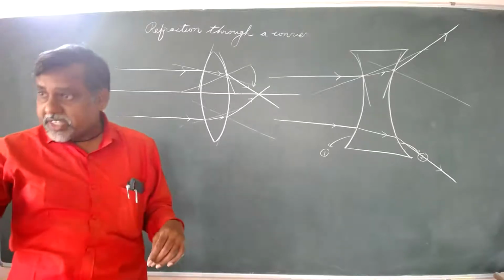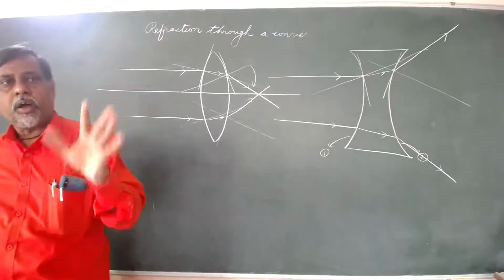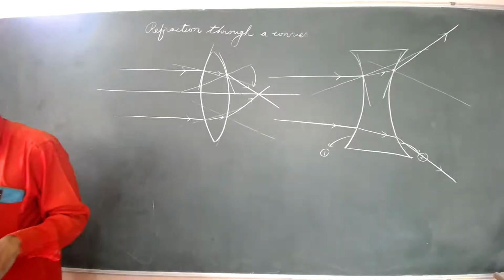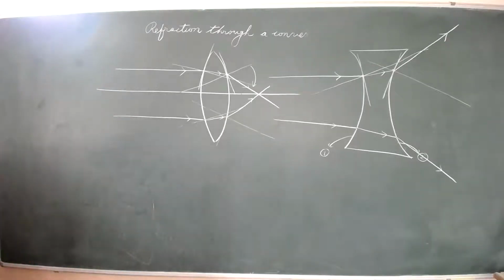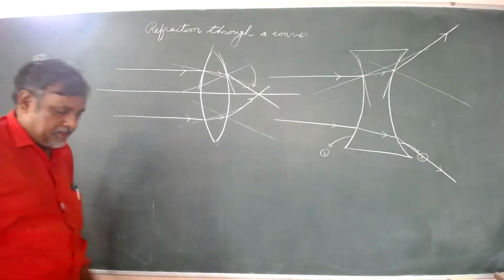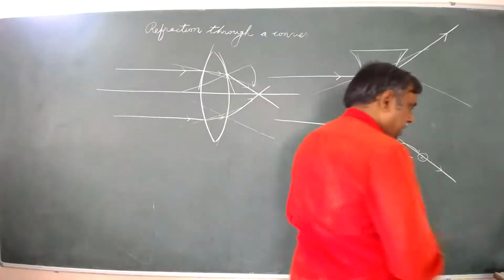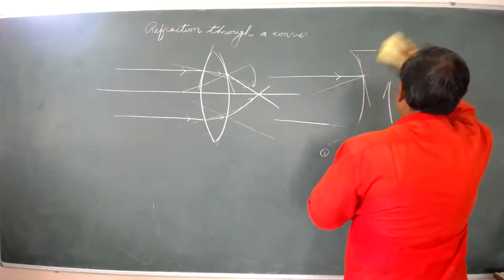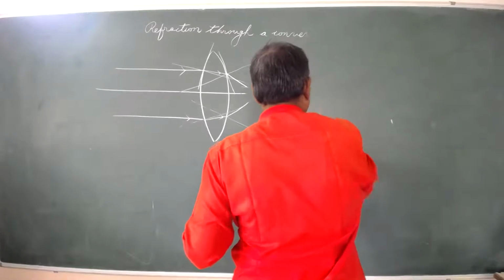Since this case is very, very important, you don't draw all the cases, just this last case you draw. I am not drawing, but you draw. When the object is placed between the focus and the optic center, you have to show the image formation diagrammatically.